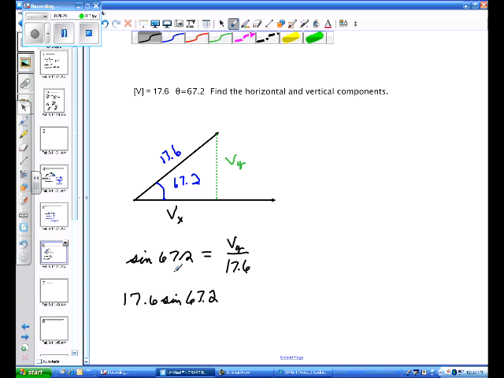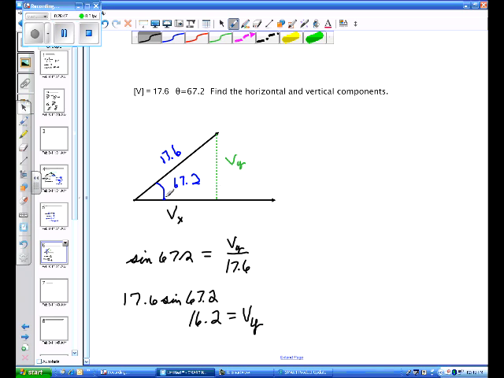If we put that into our calculator, then that's going to give us 16.2 would be the magnitude of our vertical component.